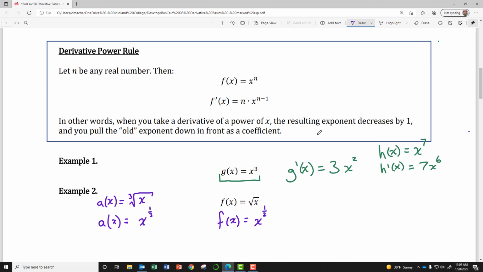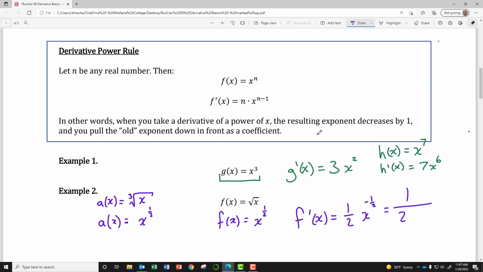Okay, so then going along with our example, if this function is the square root of x, or x raised to the 1/2 power, then when I take the derivative, f prime of x, I would write it 1/2 times x raised to the negative 1/2 power. But notice, the negative power just means you can move it to the denominator and make that a positive exponent.